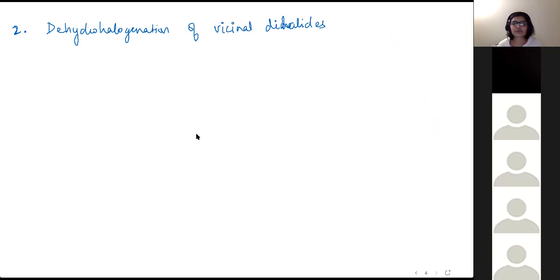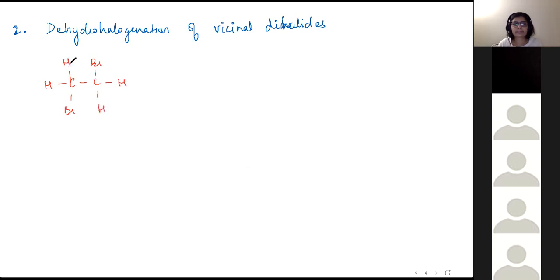Okay. So do you remember what reagent you used for dehydrohalogenation? Recall, in the production of alkenes, what reagent did you use for dehydrohalogenation? Zinc, maybe. Finely powdered zinc.